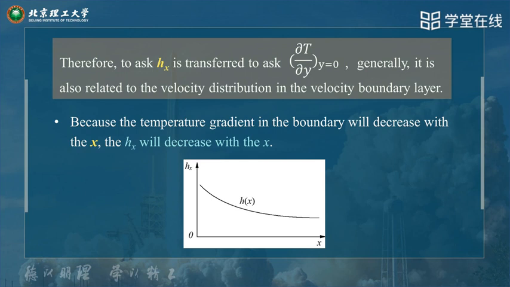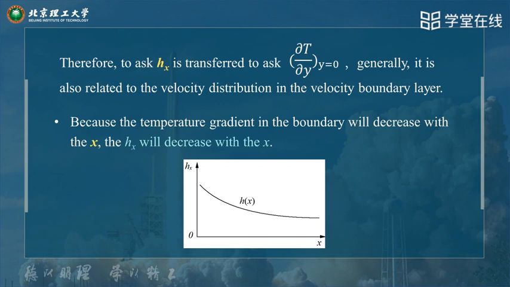Therefore, calculating hx is transferred to calculating partial T partial y at y equals 0, which is generally related to the velocity distribution in the velocity boundary layer. In this layer, partial T partial y is difficult to calculate because the temperature gradient in the boundary layer changes very much.